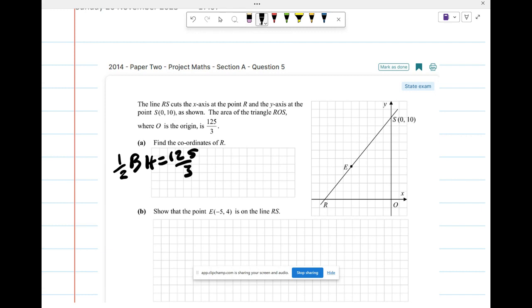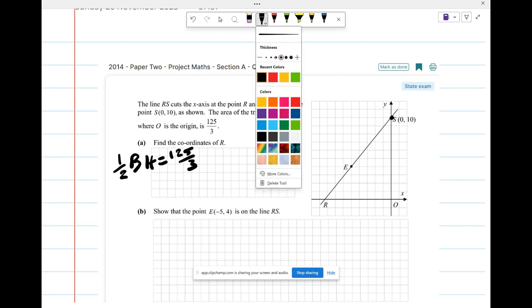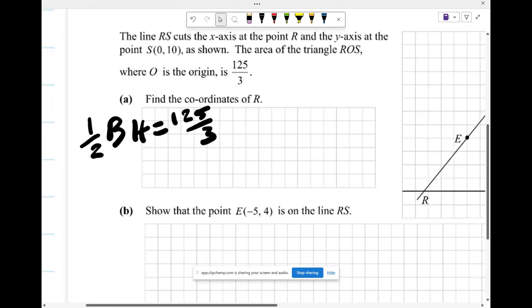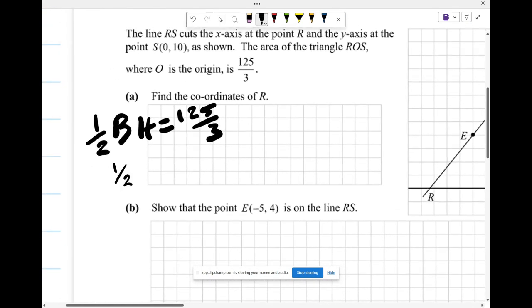So if this point here is (0, 10), then the height of this triangle is going to be 10 units, and the base is going to be just the distance between O and R. So we can plug that into our equation. Our base was just OR, and our height was 10. That's going to be 125/3.